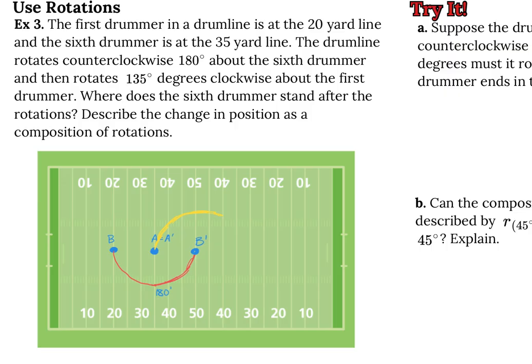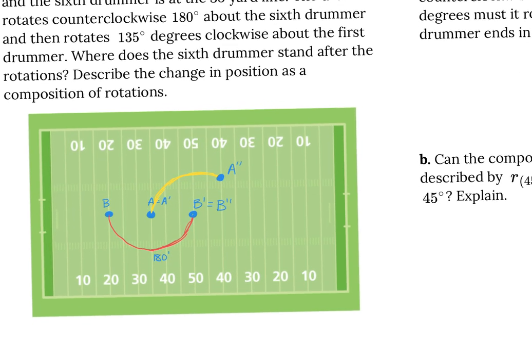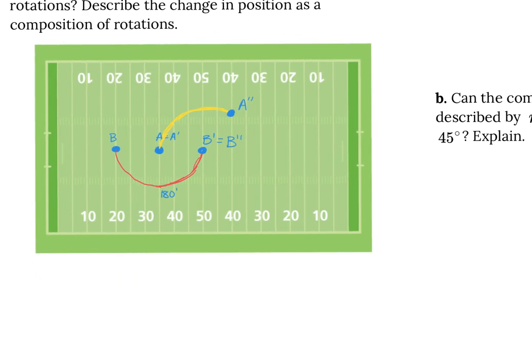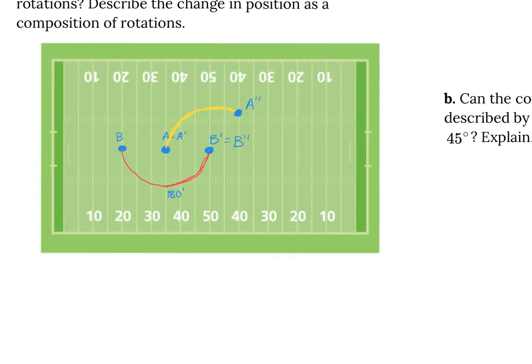So we're going to say roughly right there. So this would be A prime prime, and this would be B prime prime. Okay, so the sixth drummer is going to end up standing at A prime prime.